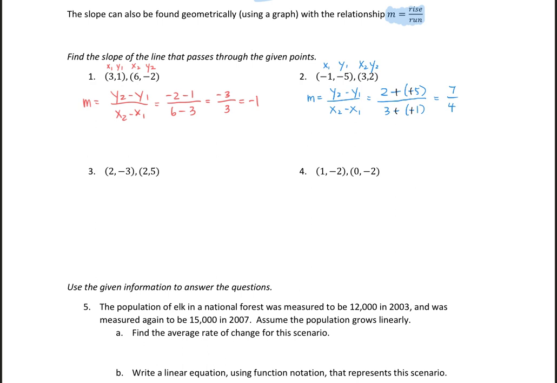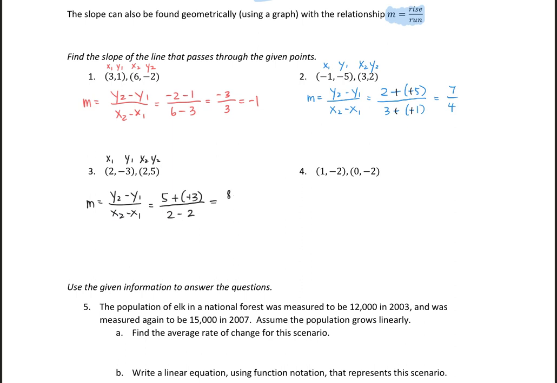Number 3, we have x1, y1, x2, y2. So we have y2 minus y1 over x2 minus x1. So 5 minus a negative 3 over 2 minus 2.